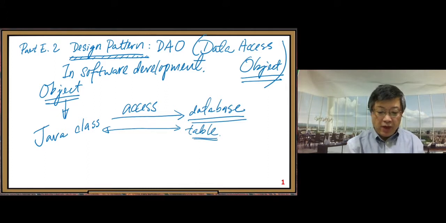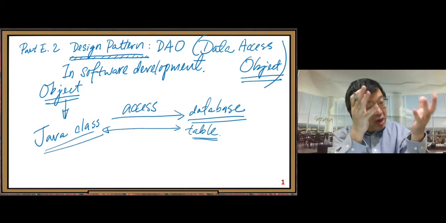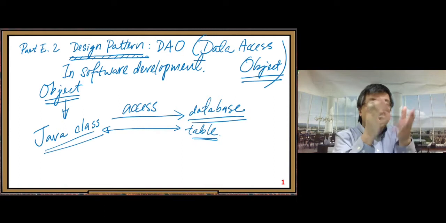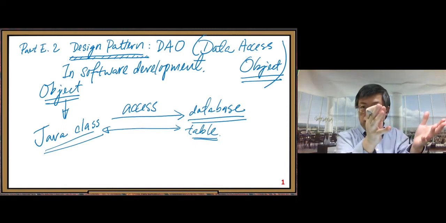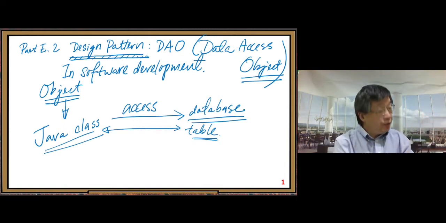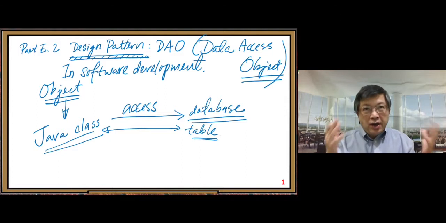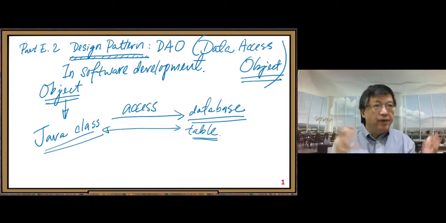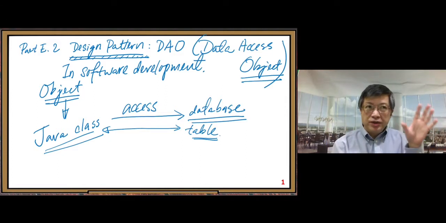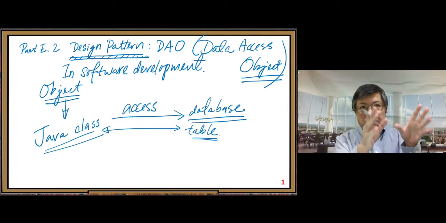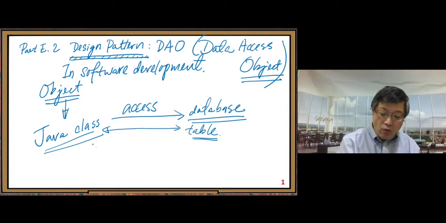Because you have one Java class, what do you do in this class, right? There are many different ways, but based on most people's experience, the best way is that in one Java class, you only do queries for one table.